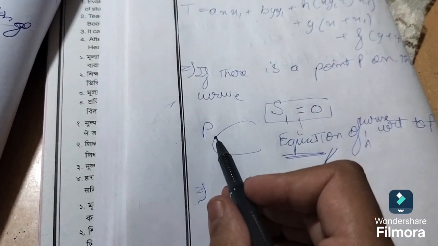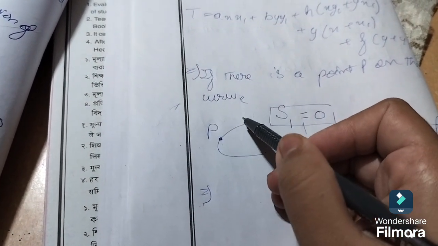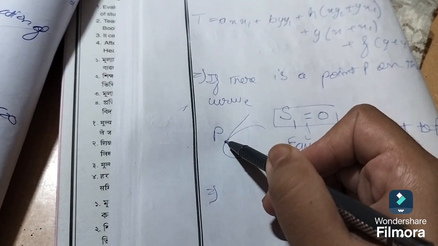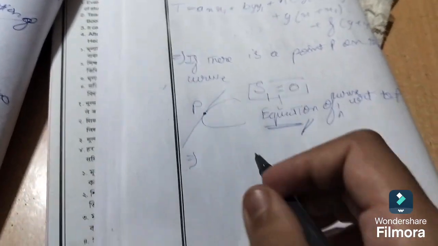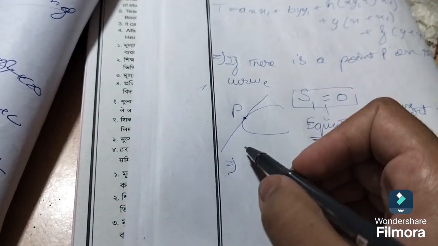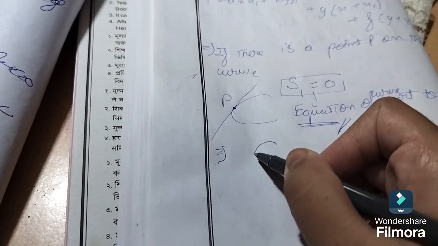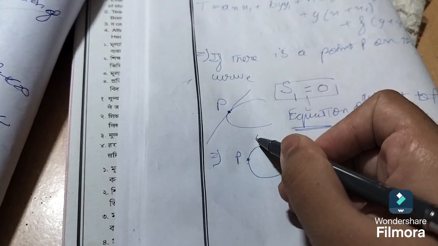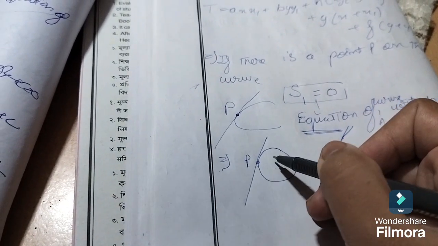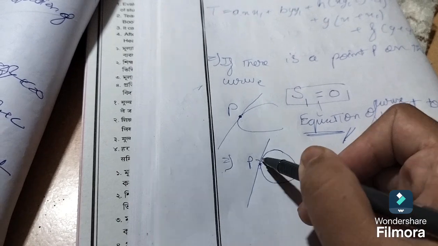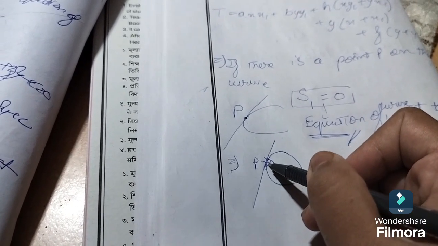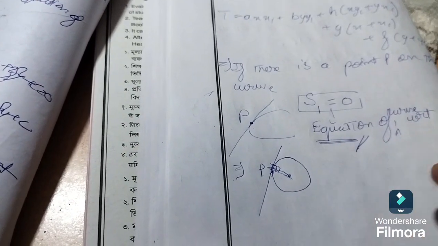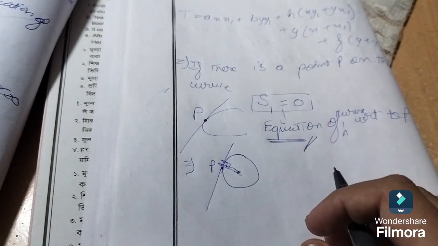Now let's go for the second point. Now there is the P. Now how to draw a tangent? Tangent is basically a line drawn from this point which is perpendicular to the normal. Basically, if there is a center, let's take a circle, because we are discussing the circle. This is a tangent. From the center the normal makes 90 degrees with the tangent, so that we will cover in tangent and normal.